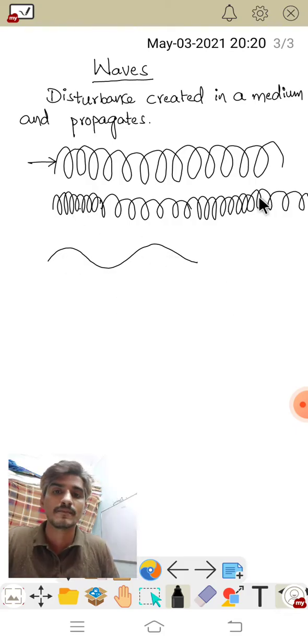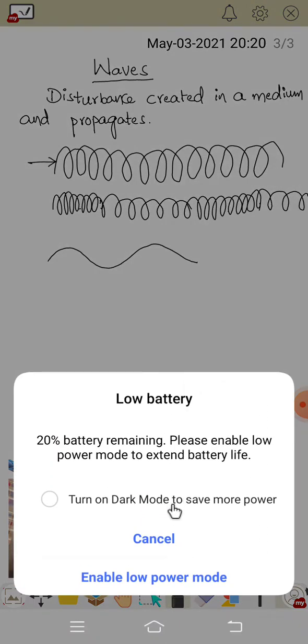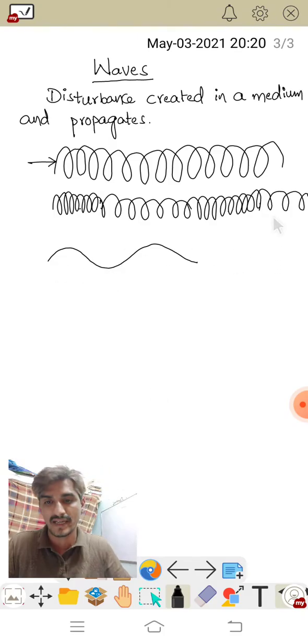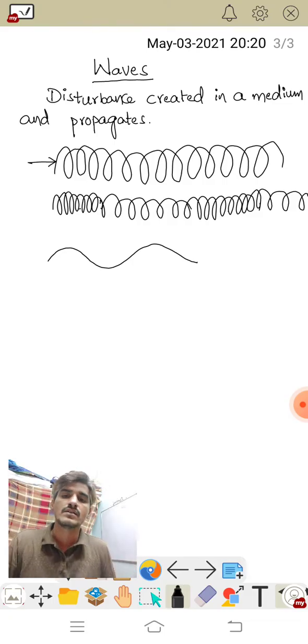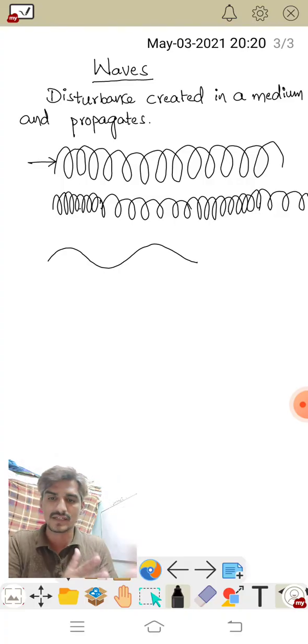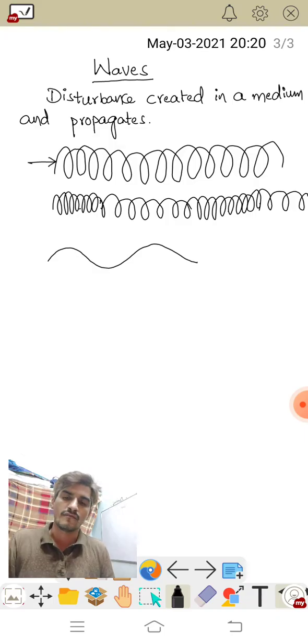Or from here to here, the pressure variation, or there is a density variation. There might be energy variation like that. Whatever it may be, the wave is traveling from one place to another place. It's nothing but energy, or pressure variation, or density. Disturbance means these physical quantities.